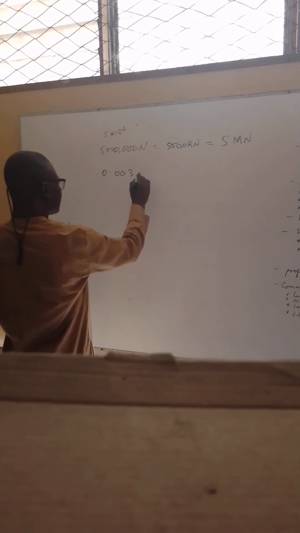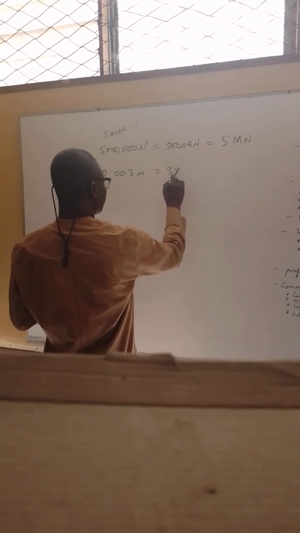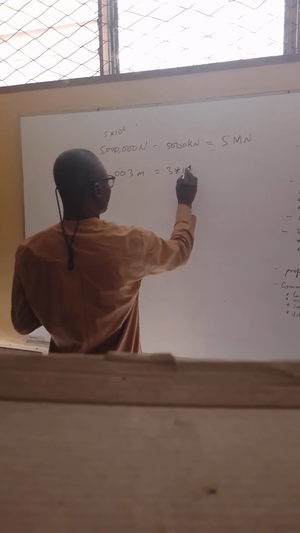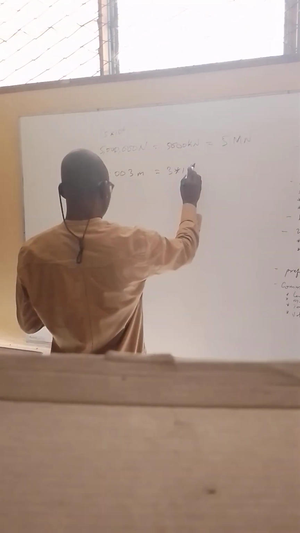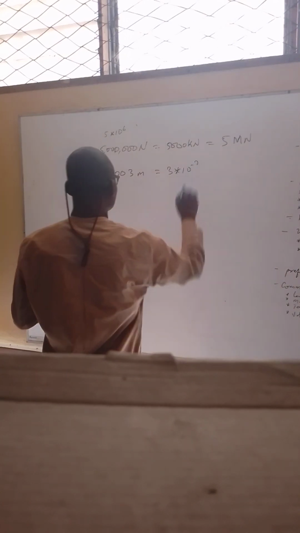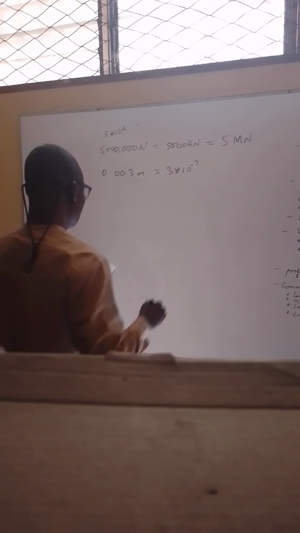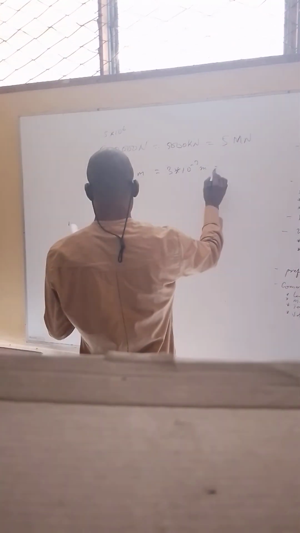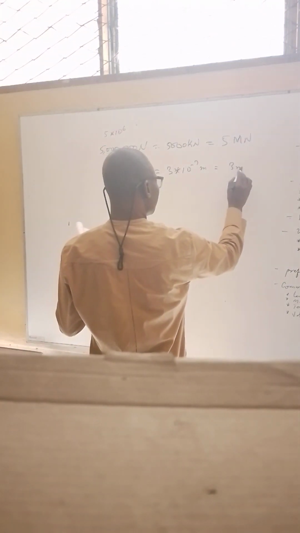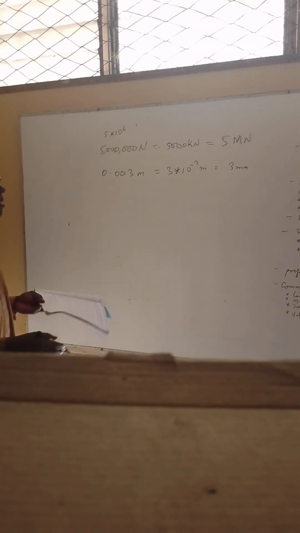0.003 meters. It is equivalent to what? 3 times 10 to power minus 3 meters. This is equal to 3 millimeters. 3 millimeters.